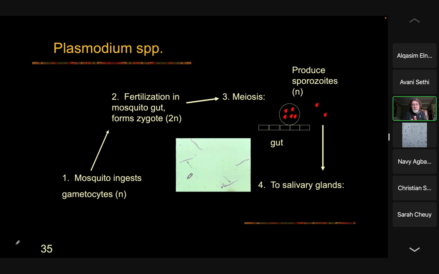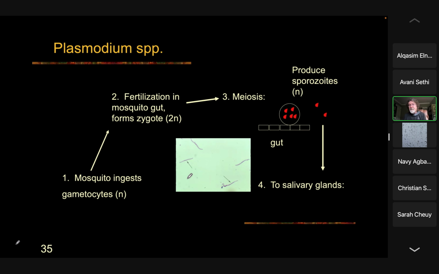They will drill into the vein or something near the surface, and they need to suck blood through a very narrow feeding tube. To prevent coagulation, they inject saliva into the wound. These sporozoites are in the saliva that they inject. So these mosquitoes are like hypodermic needles walking around with this malaria parasite.